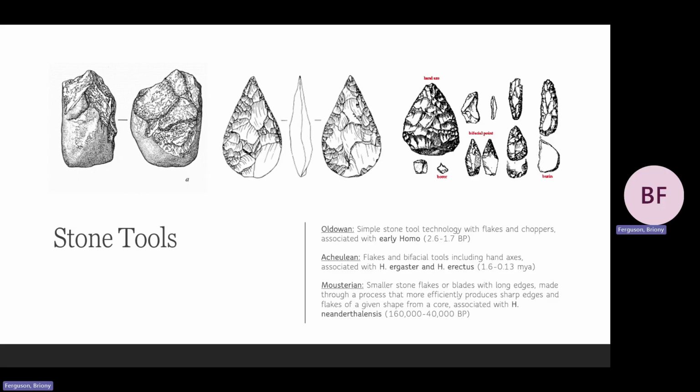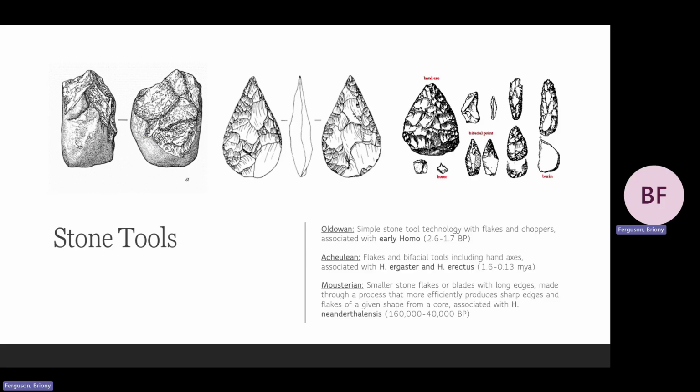And then we move on to the Mousterian stone tool technology. Now this is associated with Homo neanderthalensis, so about 160,000 to 40,000 BP. These are going to be smaller stone flakes or blades. They have longer edges. They're made through a process that more effectively and efficiently produces sharp edges, as well as flakes that are kind of given shape from a core.